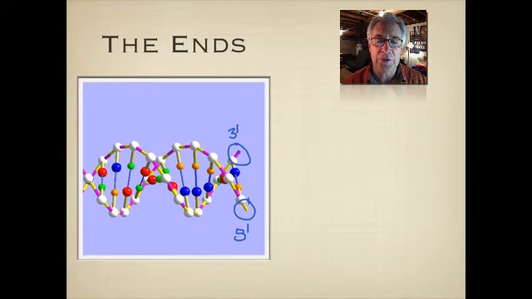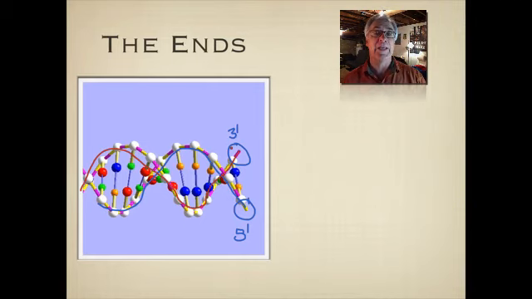Now again, this strand right here is an entirely different strand than the one that the 5' end is on. So if we were to follow this, it goes like this. And the other one, change colors, comes around like that. So those are 2 different strands. Each one has a 3' and a 5' end.